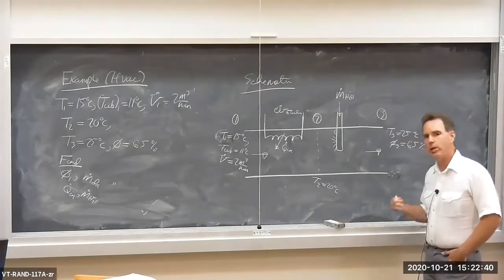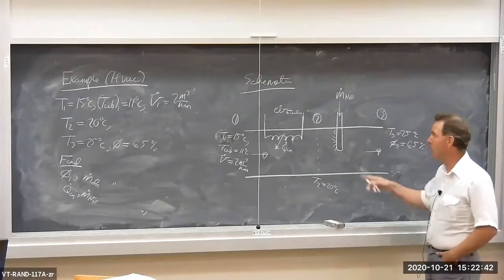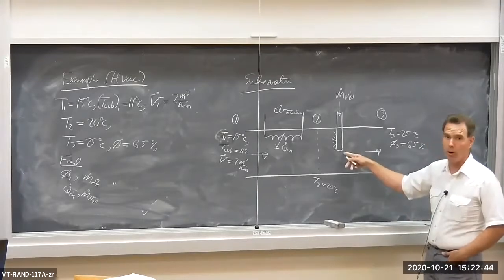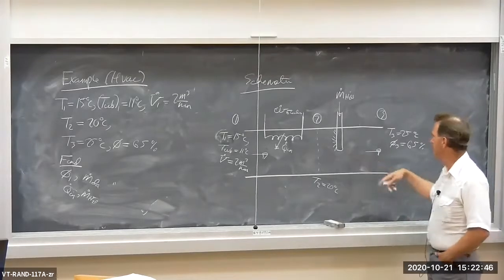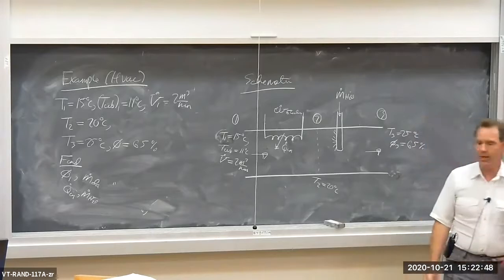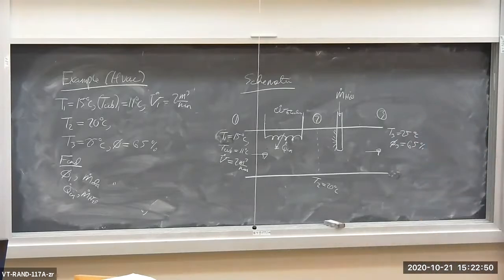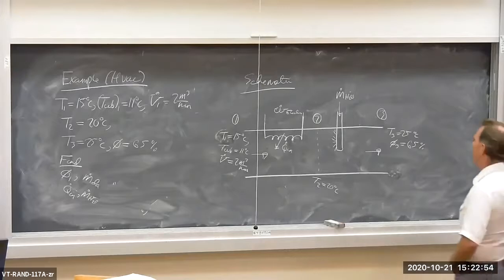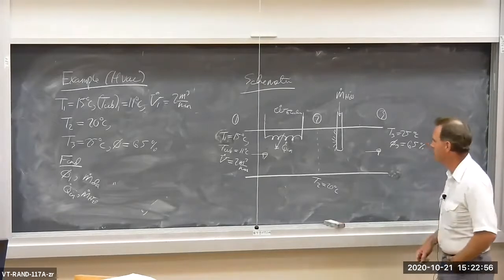It can be a liquid, it could be a vapor, it could be anything. Maybe we're injecting steam here, I don't know. Who knows? Temperature at the outlet of this duct is 25 degrees C and a relative humidity of 65%.